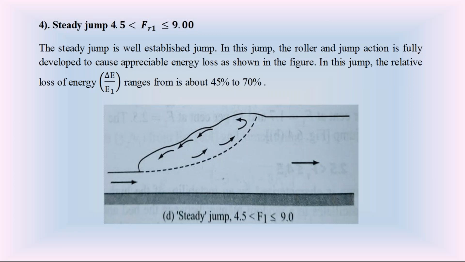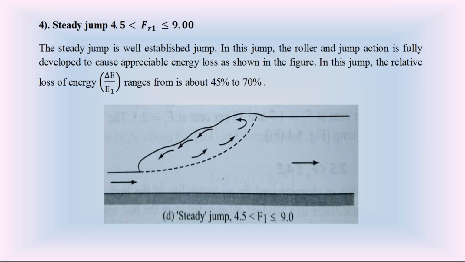It is also a major hydraulic jump, with Froude number FR1 between 4.5 and 9. If FR1 is between 4.5 and 9, we call that hydraulic jump a steady hydraulic jump.